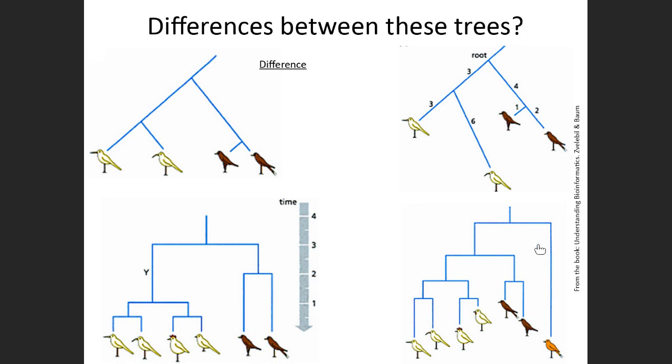And this tree here is showing you a rooted tree, but it doesn't have a time scale. It doesn't have the numbers. So you could say that this is a cladogram because it's still showing relationships. And yes, this is a little shorter than that, but maybe this was just a matter of style.